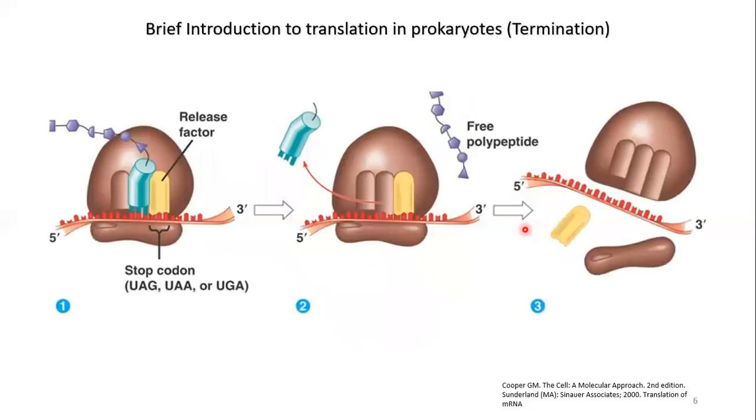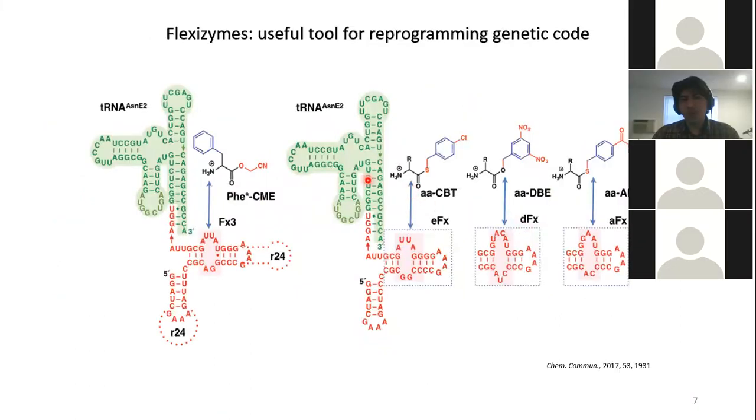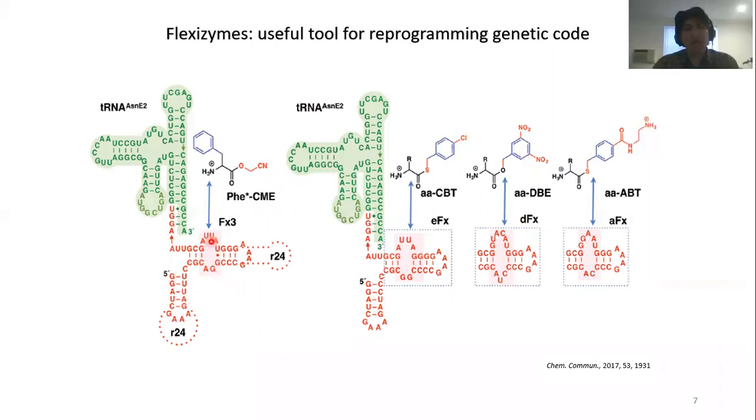Okay, so now we'll talk about Flexizymes. These are modified amino acid synthetases. This is one of the very important ones that people discovered, or maybe made, using a library of RNA, which was called R24.